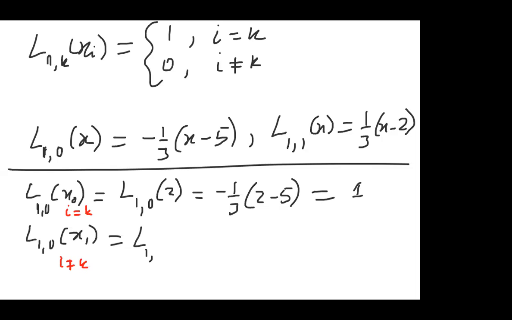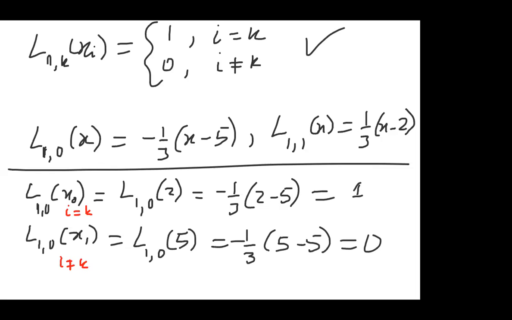L10 at x1, where x1 is just equal to 5, will be negative 1 over 3 times (5 minus 5), and definitely this is just equal to 0, right? You can also verify using L11 that this property is satisfied.